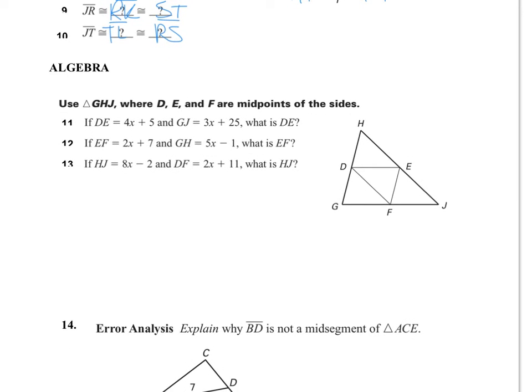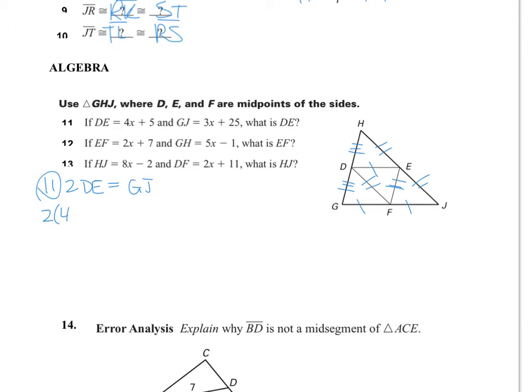Okay, we're going to use algebra. You can mark what's going to be congruent or realize your relationships. DE is the midsegment of GJ. So in number 11, it takes 2 DEs to equal 1 GJ.